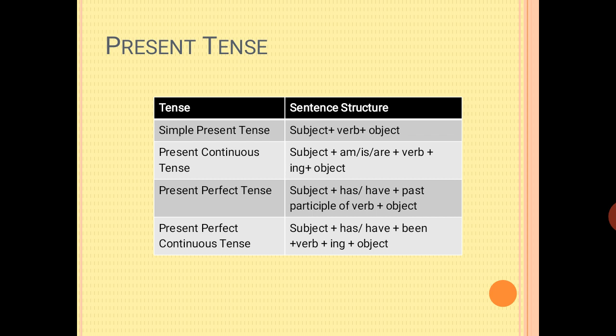The structure of these tenses: simple present tense has the structure subject plus verb plus object. Present continuous tense has the structure subject plus am or is or are plus verb plus ing plus object.